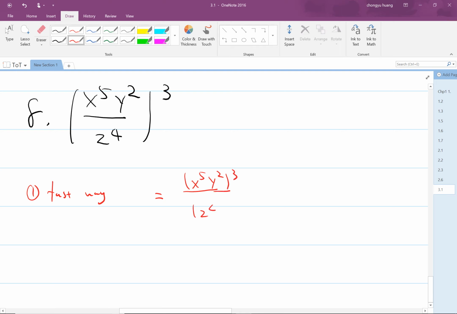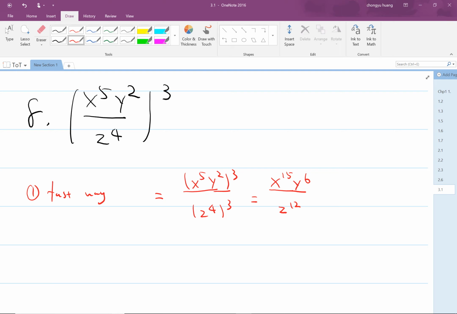Z to the power 4 to the power 3, and then we simplify a little bit. So x 5 multiplied by 3 is 15, y 2 multiplied by 3 is going to be 6, right? And then for z, 4 multiplied by 3 is actually 12, and then we're actually done with this question, I guess.